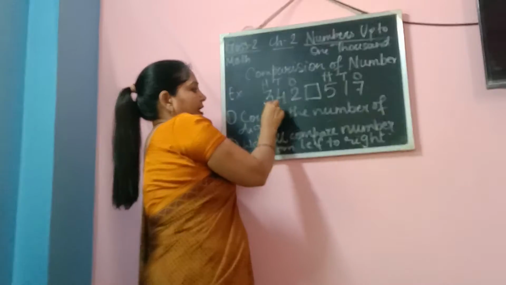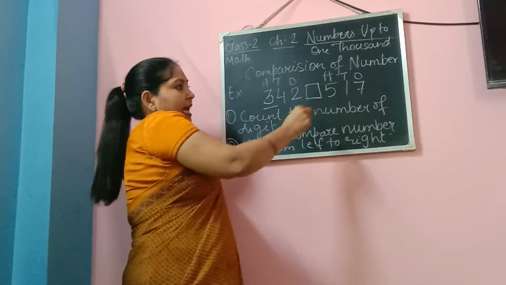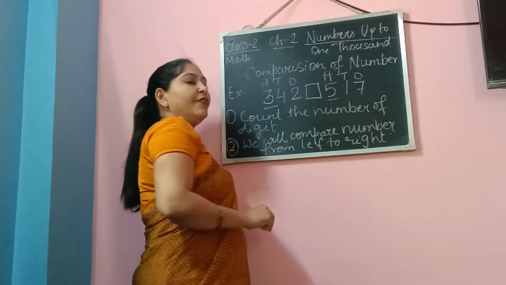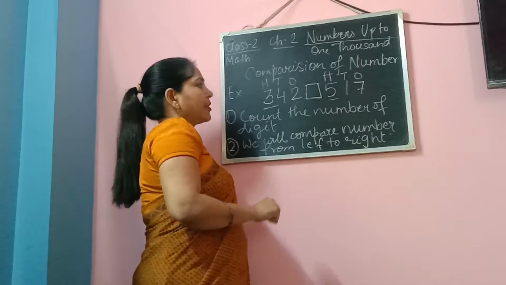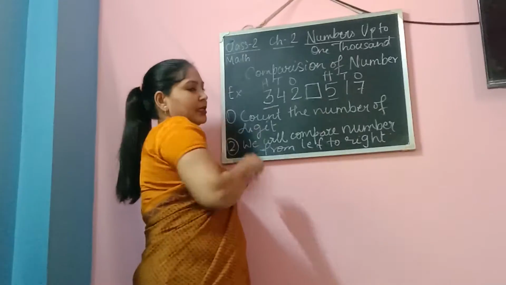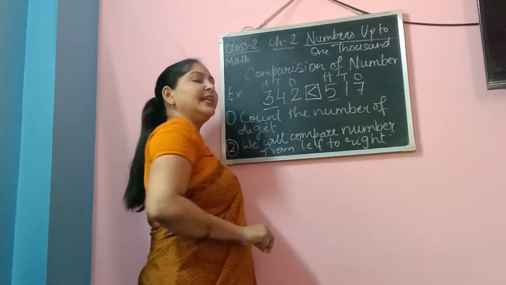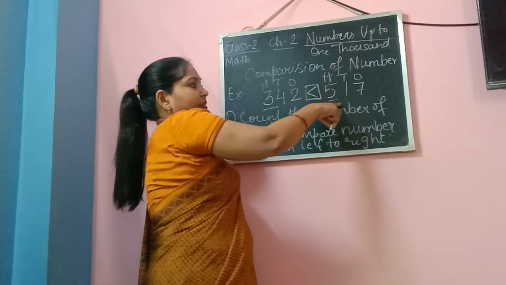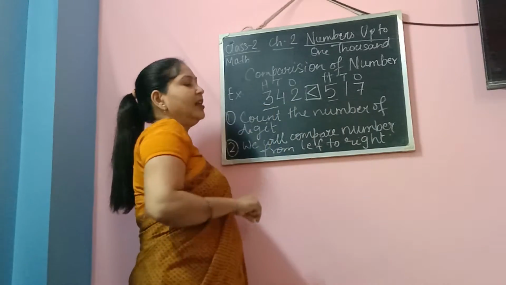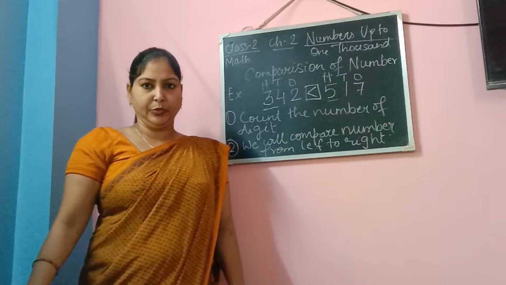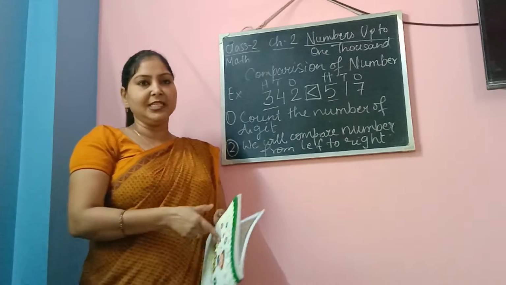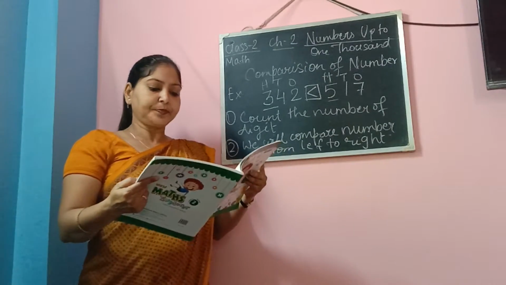So we have 3 on the left in this number, and 5 on the left in this number. So we will compare these two numbers. Now which number is bigger? Of course 5 is bigger than 3. So we can say 517 is bigger than 342. Okay. So like this we can compare the numbers.